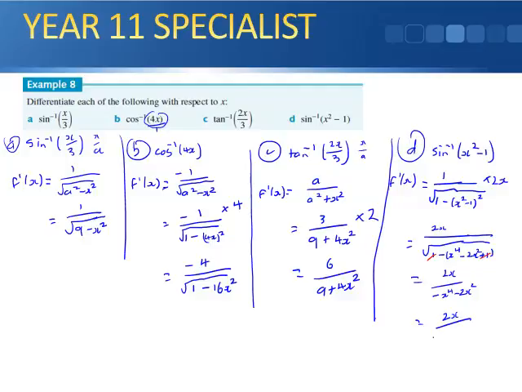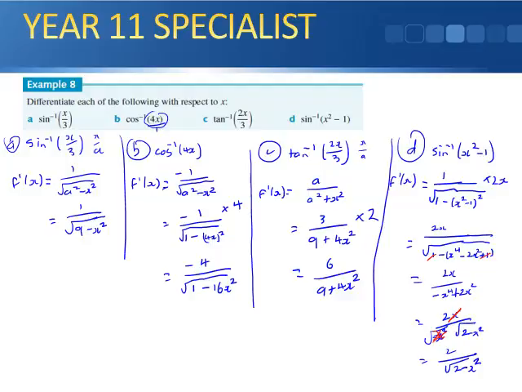I can take out the x squared, and I've got the square root of 2 minus x squared here. That won't matter. The square root of x squared is x, so that x will cancel with that x, so we get 2 over the square root of 2 minus x squared.